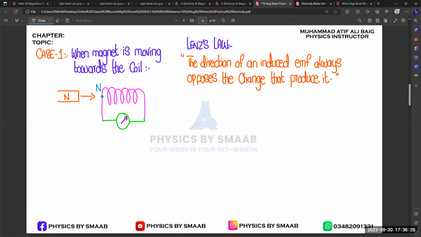So basically, by the statement of Lenz's law, you can identify that the direction of an induced EMF always opposes the change that produces it.